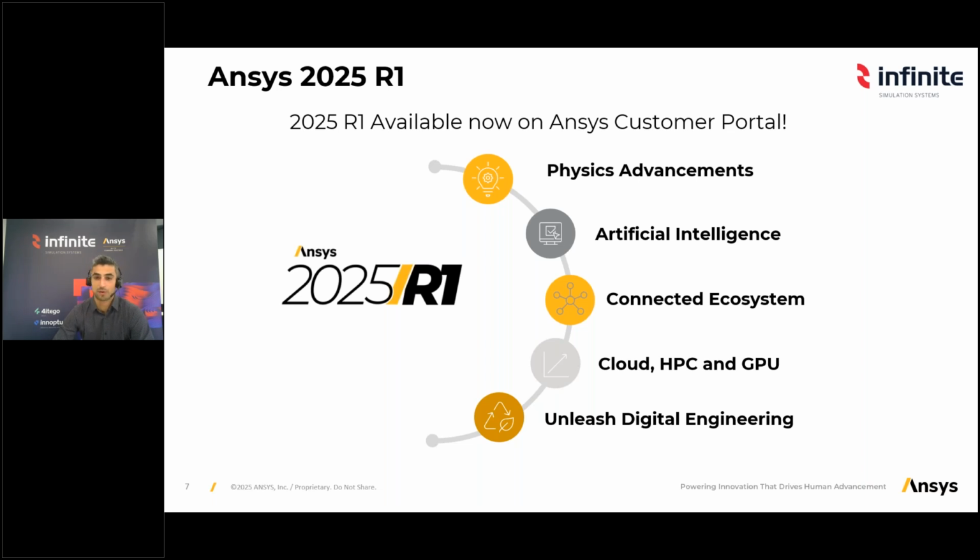So always a big focus on the core physics technology, all the solvers we're all using, always trying to improve those solvers, more accuracy, more scalability, more features that are also requested by our customers, trying to implement it in the software. AI has been playing a big role, and we see that translated into the Ansys product portfolio with some embedded AI capabilities into the tools, but also some dedicated AI products, which I will mention.